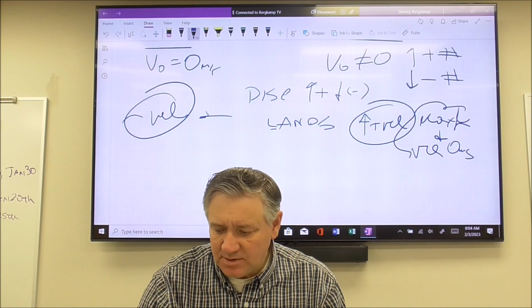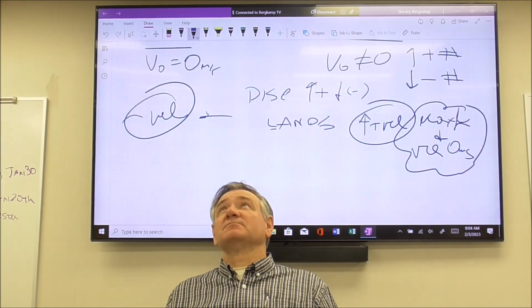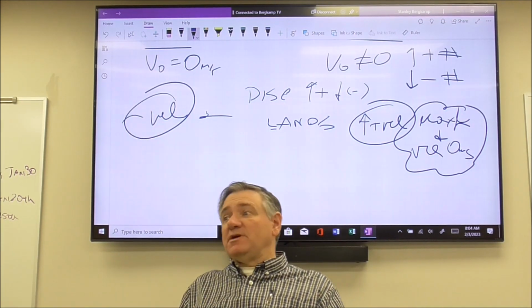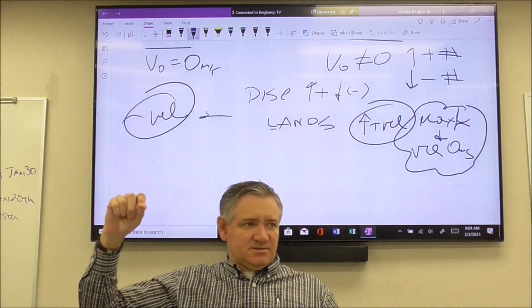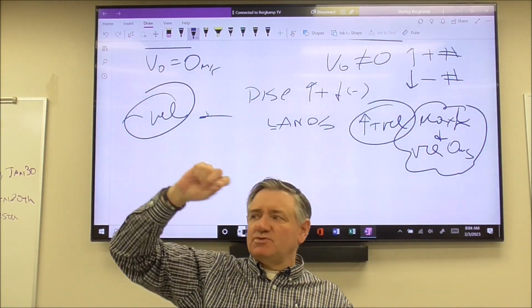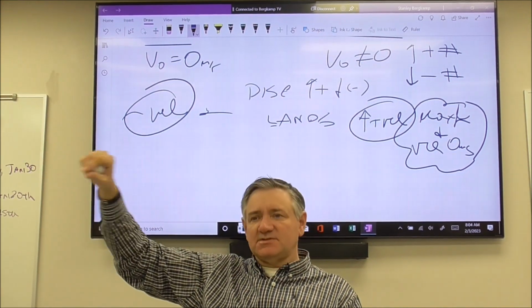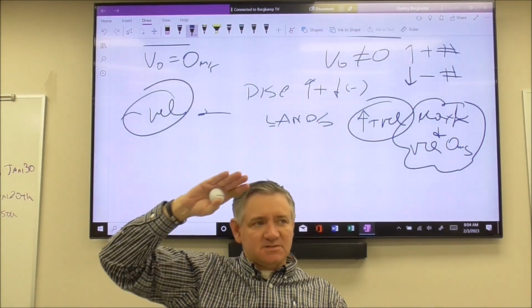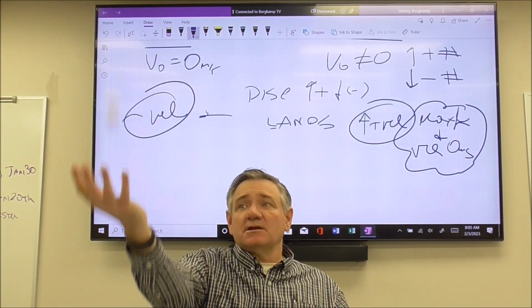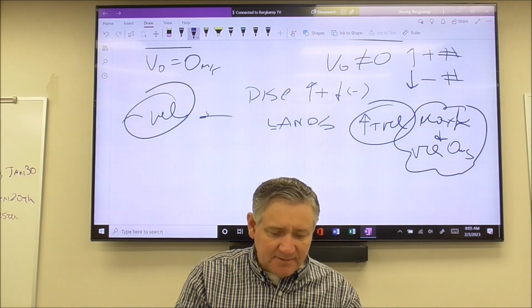Okay? So when you throw something up in the air, when it's at its highest point, that velocity goes to 0. And that's going to allow us to do some math that's pretty simple, that looks complex, but it's going to go to some 0 velocity.